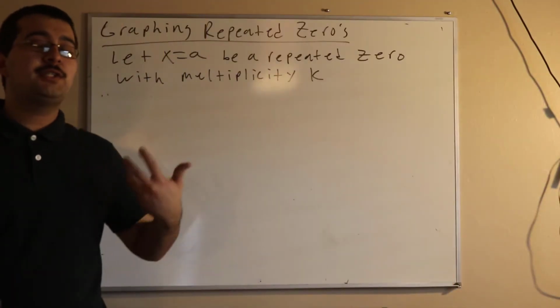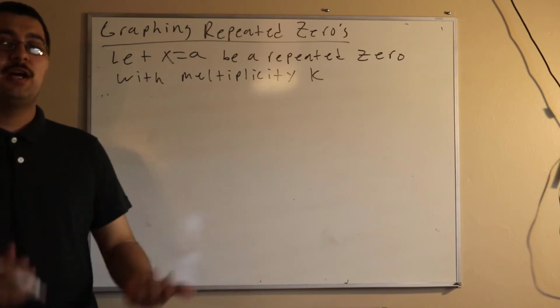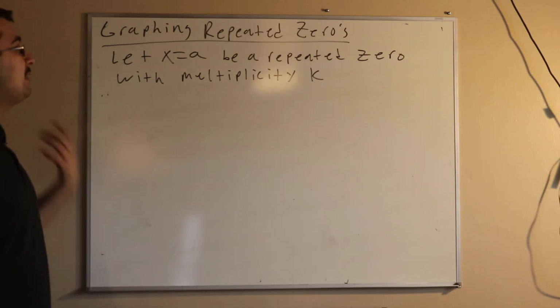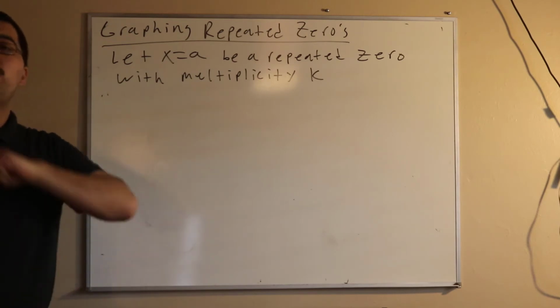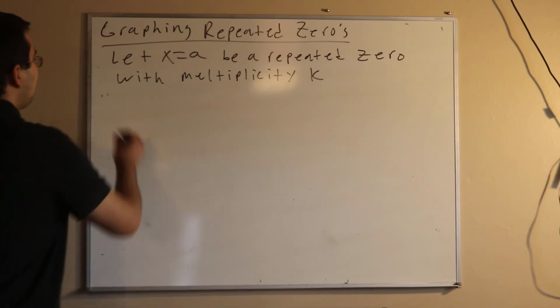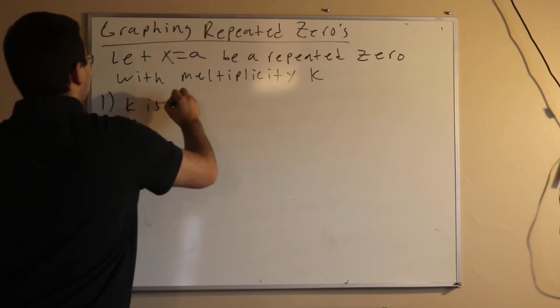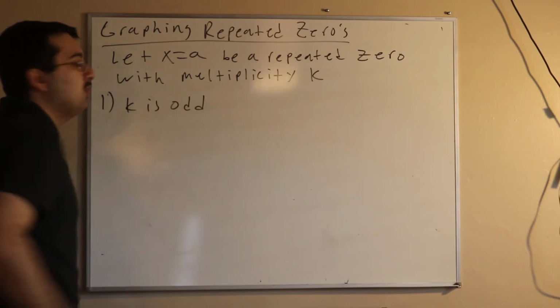Okay, so let's quickly talk about what it means to graph these repeated zeros. So if we let x equal a be a repeated zero with multiplicity k, you get 2 possible cases. The first case is this. k is odd. So you have odd multiplicity.